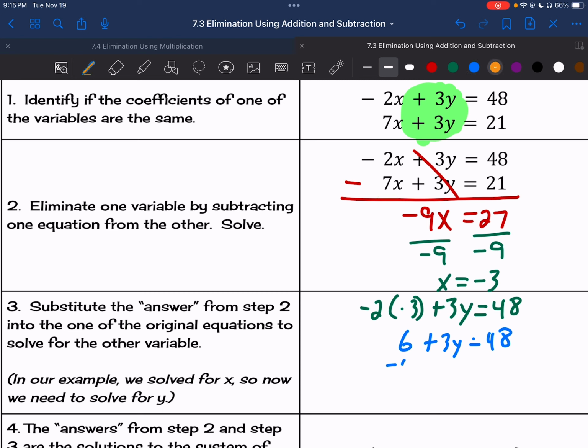Subtract 6 from both sides. We get 3y equals 42. And when we do 42 divided by 3, we're going to get that y is equal to 14.